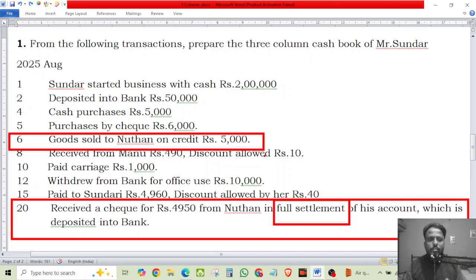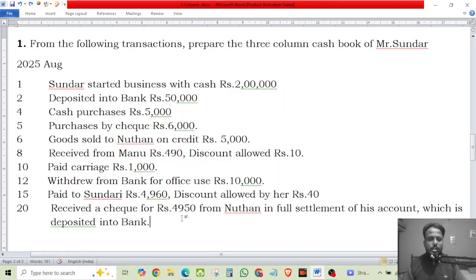We made a sale to Nutan, a credit sale, which we cannot enter in the 3-column cash book, but related to that previous entry, now we are receiving the check from Nutan in full settlement. What is full settlement? Instead of receiving 5,000, we are receiving 4,950, which means the remaining 50 rupees is the discount. So we'll pass a journal entry for this.